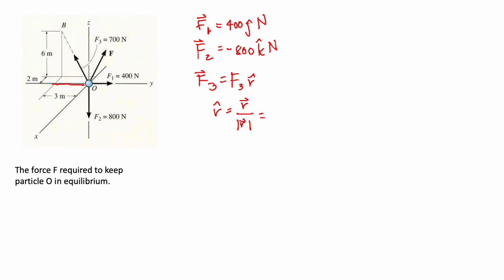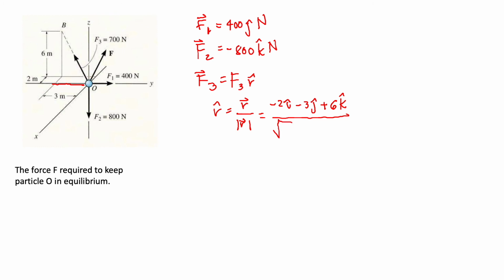Since F3 is directed 2 meters in the negative x direction, that's negative 2 i hat, and then 3 meters in the negative y direction, so that's negative 3 j hat, and it's 6 meters on the positive z-axis, so that's positive 6 k hat, and then divided by the magnitude of this.